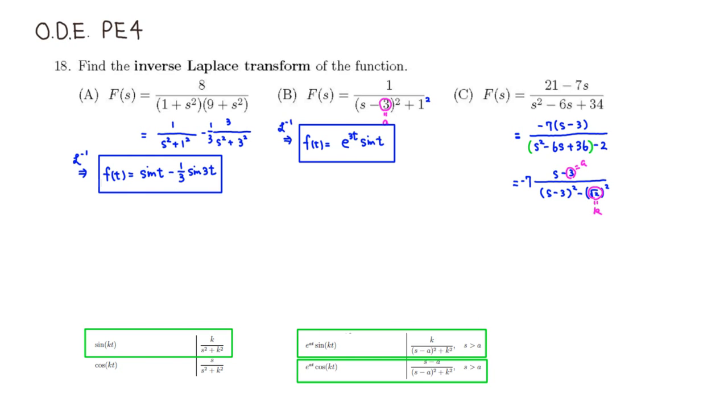If you take the inverse Laplace transform, you end up getting f of t is equal to negative 7, which is just a constant, then e to the 3t, since a is 3, and then a cosine of k t, where k is square root of 2, so cosine of square root of 2 t.